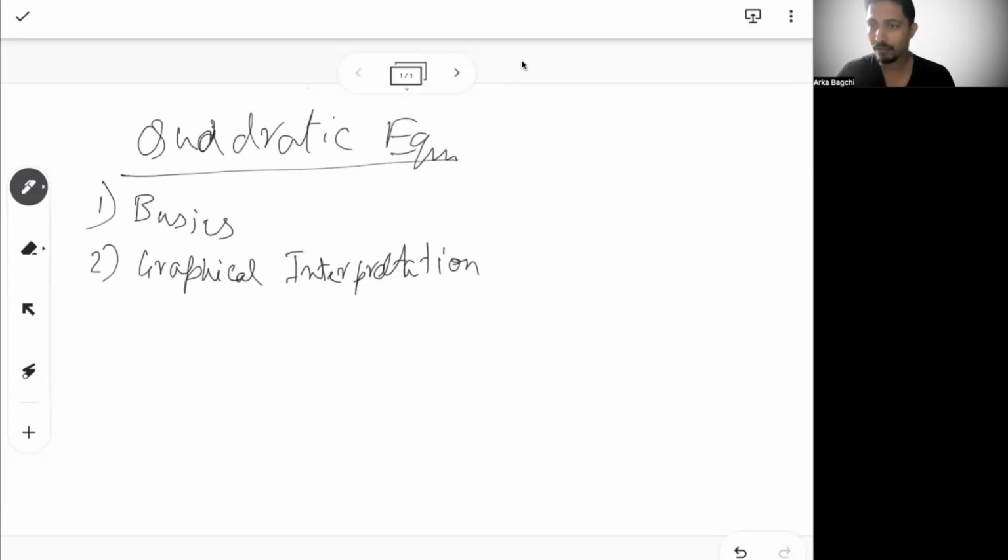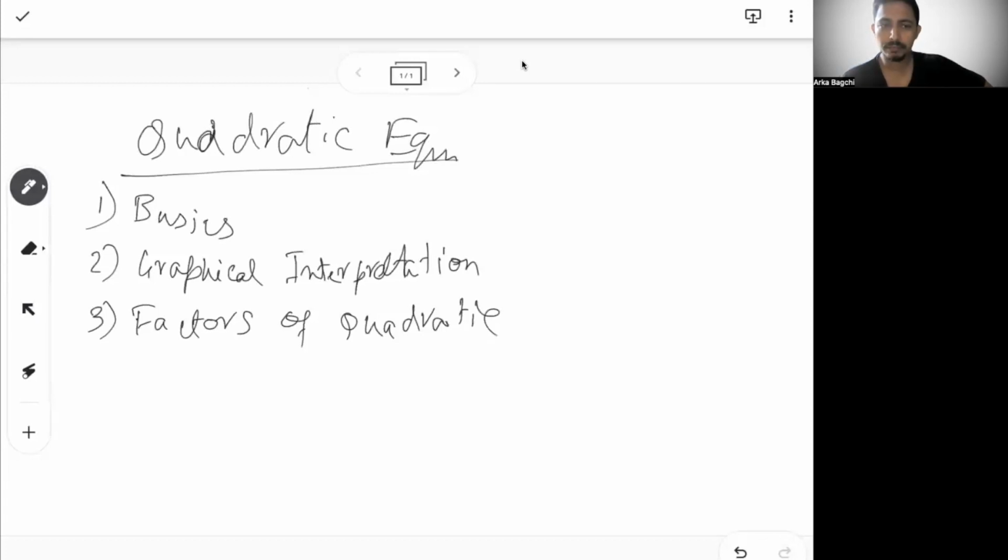You should have a graphical view so that you can understand well. Then we'll try to understand the factors of a quadratic equation, and I will explain what that is.